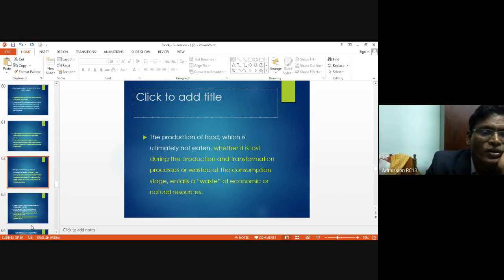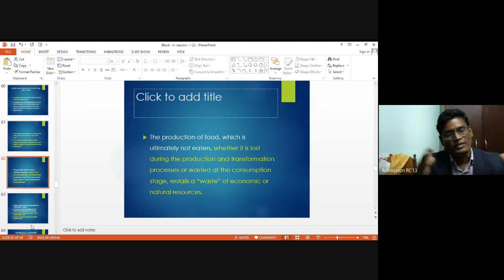The production of food which is ultimately not eaten, whether it is lost during production or the transformation process, or wasted at the time of consumption, amounts to a waste of economic and natural resources.